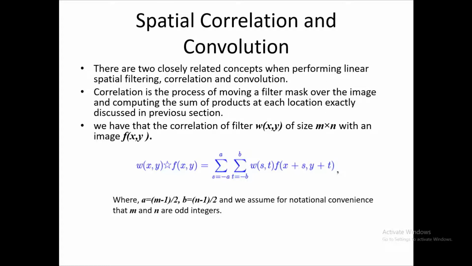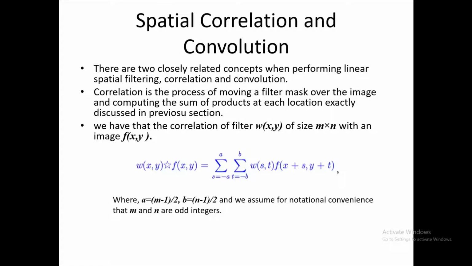We can express it in terms of the sum of product of w(s,t) and f(x+s, y+t), where s ranges from minus a to a, and t ranges from minus b to b.